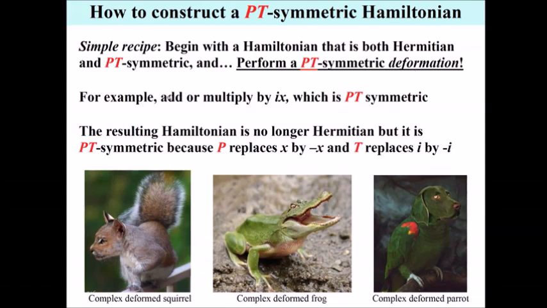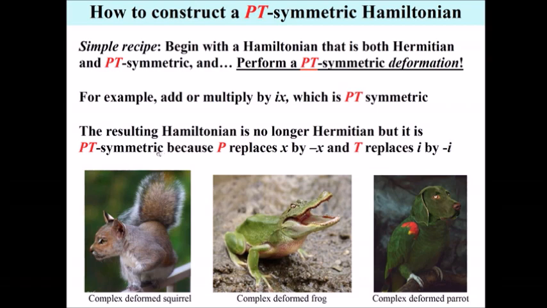Okay. But what I mean by a deformation is, for example, that you can add or multiply by a non-Hermitian but PT symmetric quantity like i times x. So this quantity is PT symmetric. So when you continuously deform a Hermitian Hamiltonian by using a PT symmetric deformation, that Hamiltonian is no longer Hermitian, okay?